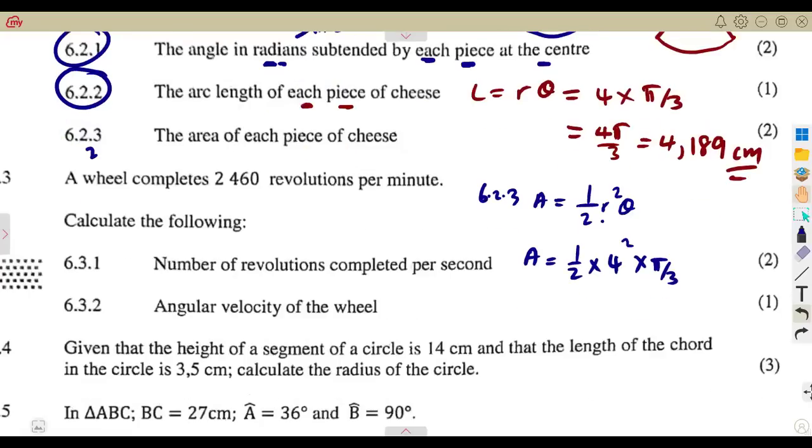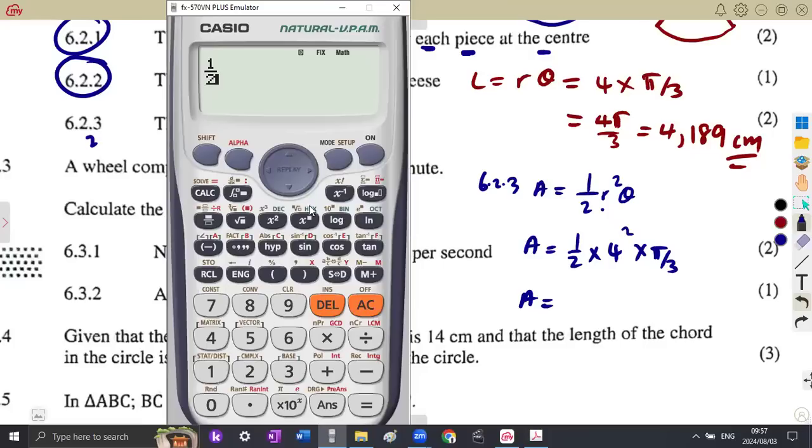Let us just simplify this directly on our calculator. That is 1 over 2 times 4 squared times pi over 3.